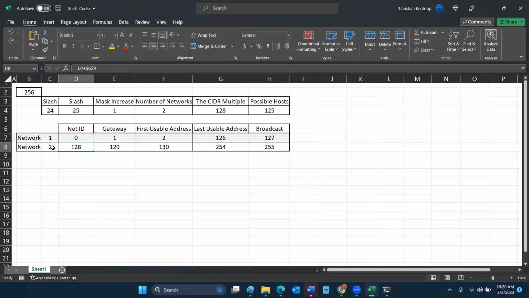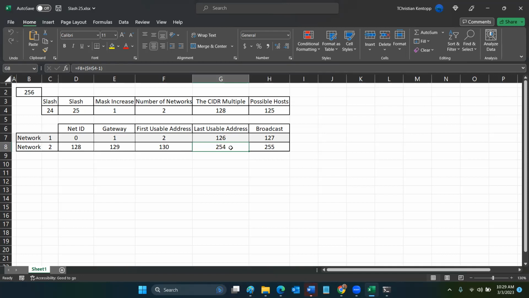So in this scenario, you have network 2. It starts with 128. The gateway address is one more than 128, which is 129. You can go from 130 to 254 to assign 125 possible hosts in the second network, just as you did in the first network. You can have up to 125 and 125.